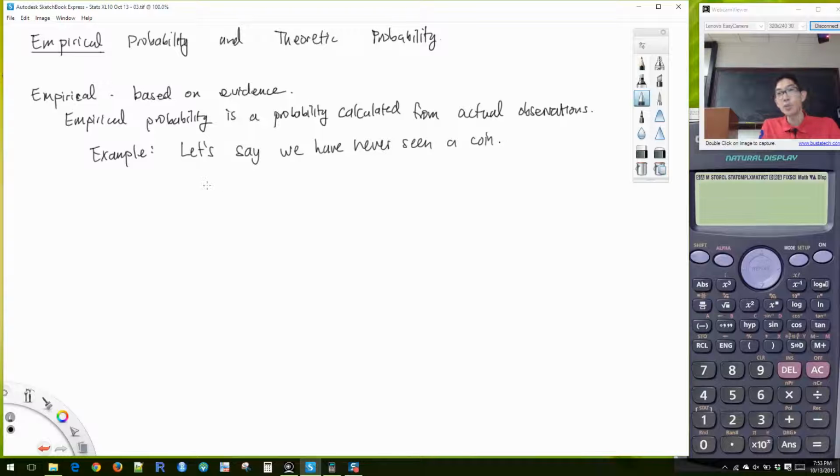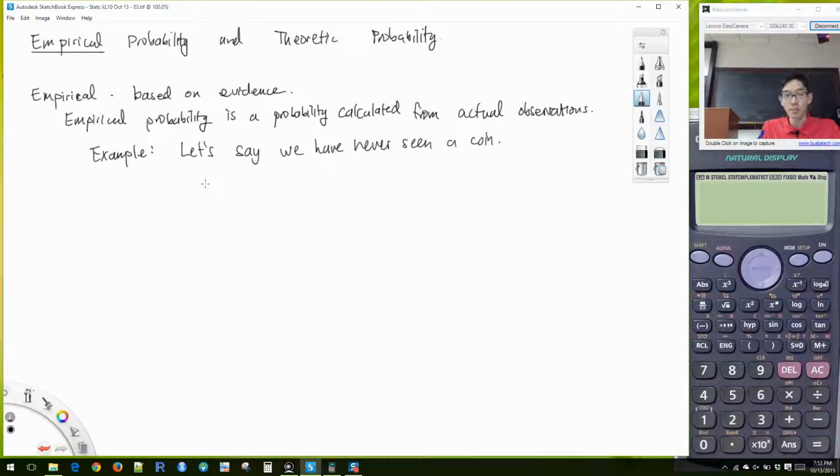So one way to investigate this probability is just to carry out a bunch of experiments, in that we flip a coin and we record whether it has landed heads or tails, and we do this many times, and we keep track of how many times it landed heads, how many times it landed tails, and that gives you an idea of the probability that it lands heads or tails.